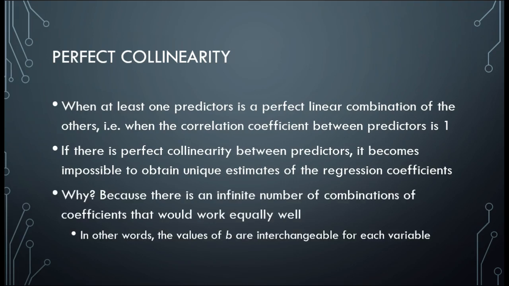And why is that? That's because there is a numerous number of combinations of coefficients that would work equally well. In other words, the values of betas, or your regression coefficients, are interchangeable for each one of your variables. So now you cannot tell anymore which variable contributes what.